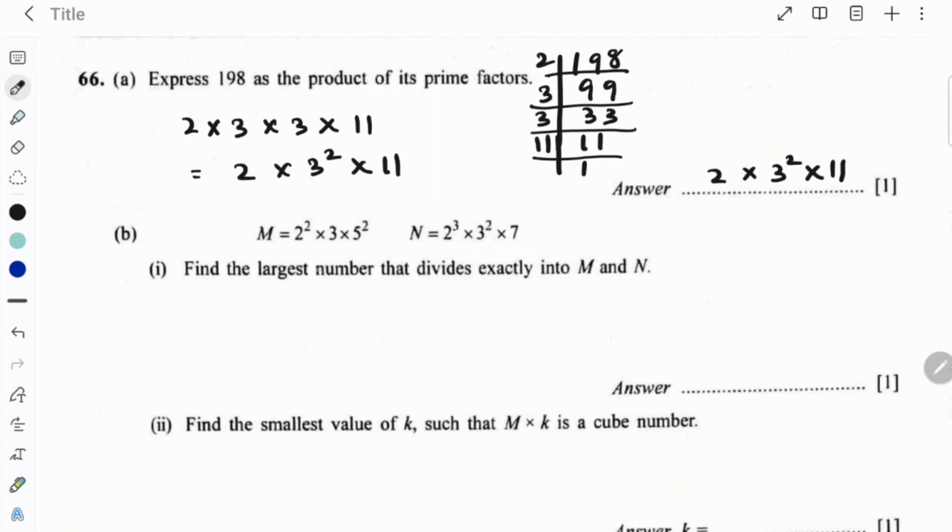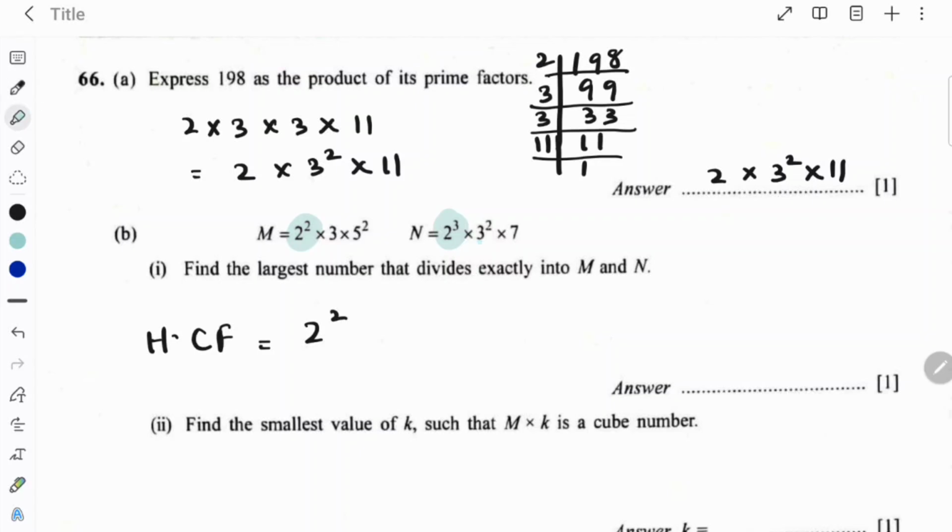So m, and now you know that in HCF means you are taking the smaller power. So compare 2 square and 2 cube. So obviously 2 square will be coming, HCF is equals to 2 square will be coming between 3 square and 3.